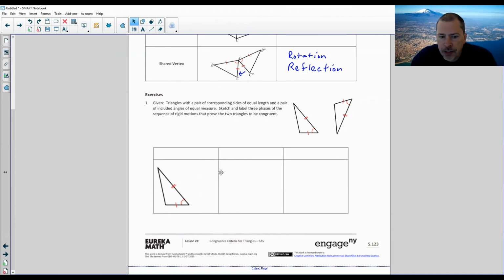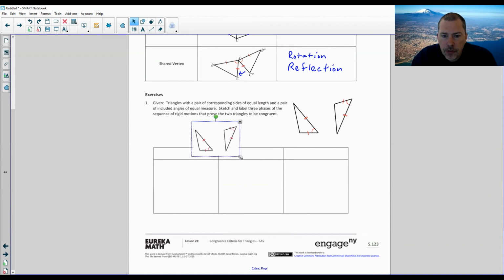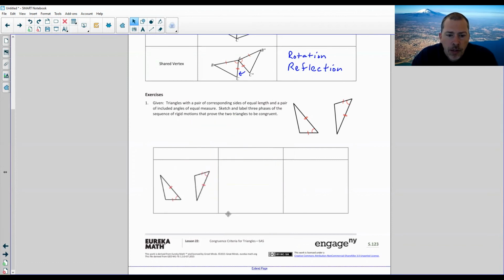And then what I could do is just get rid of that, copy the whole thing. So if I copy this, and put it in here. Okay, so there would be my sketch.